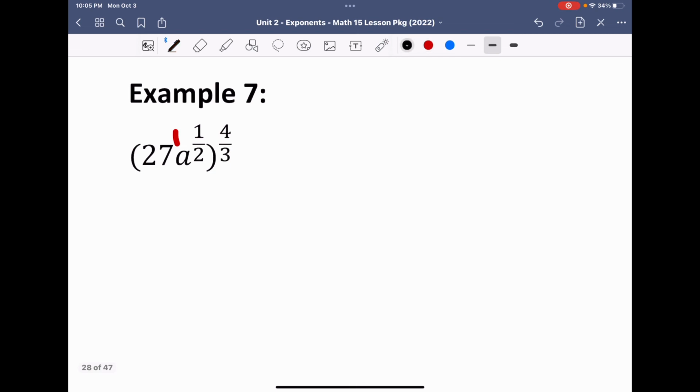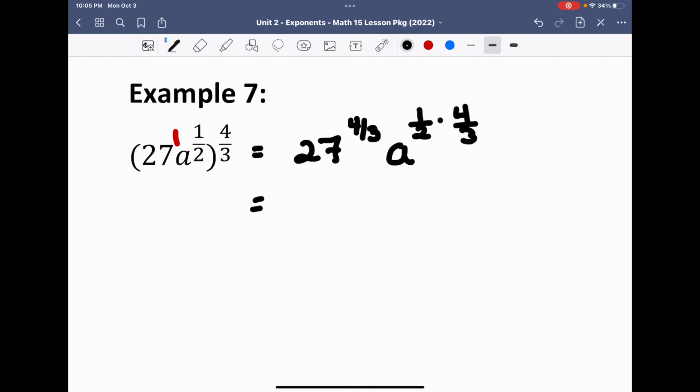This is going to be equal to 27 to the 1 times 4 over 3, which is 4/3, and a to the 1/2 times 4 over 3. So our next step is 27 to the 4/3, a to the... By multiplication, I can multiply across the numerator, multiply across the denominator, meaning I have 4 over 6.